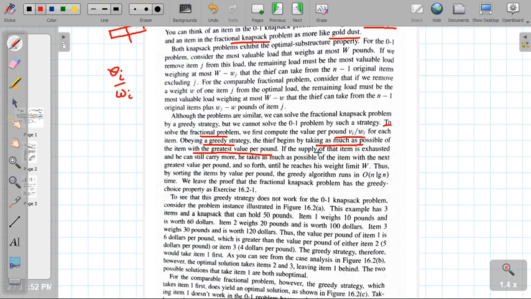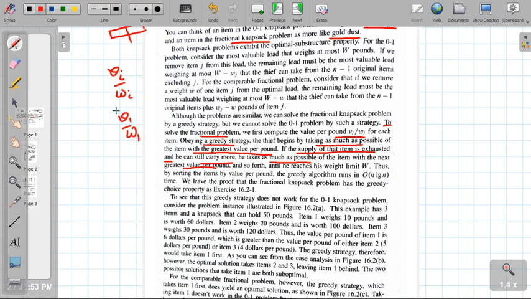If the supply of that item is exhausted and he can still carry more, he takes as much as possible of the item with the next greatest value per pound. So say V1 by W1, whichever is the maximum, we take first, in its fullest capacity, because that will maximize my value.